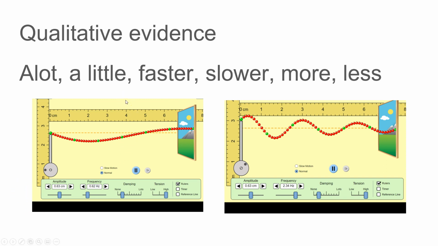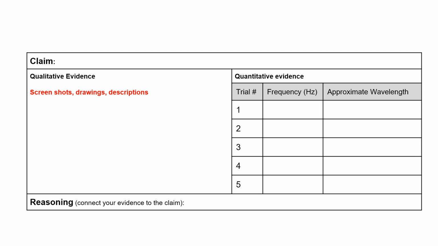As they go faster, as the wavelength gets higher, does the frequency increase or decrease? Give me a sentence or so. Qualitative evidence is screenshots, drawings, descriptions, that sort of thing. Quantitative evidence is going to be actual data, actual numbers.